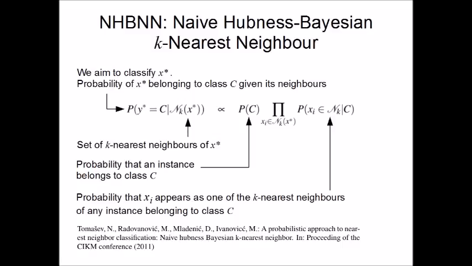Or, to be more accurate, we may write that the probability of an instance belonging to class C is proportional to a product which can be seen on the right of the formula. The first factor of the product is the a priori probability of class C. Subsequently, the conditional probabilities of the events that the nearest neighbors belong to the class C are multiplied together.